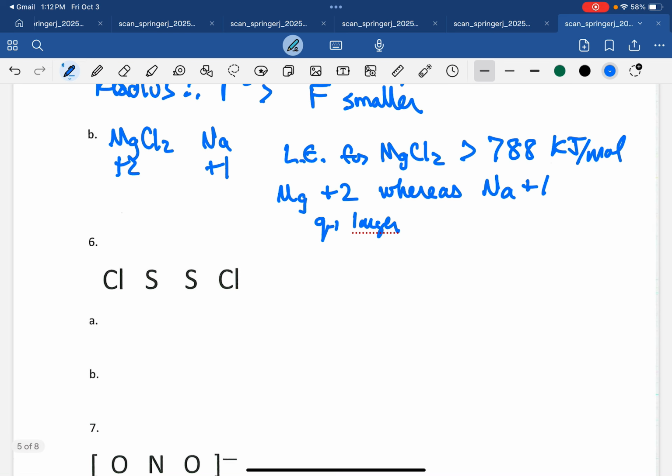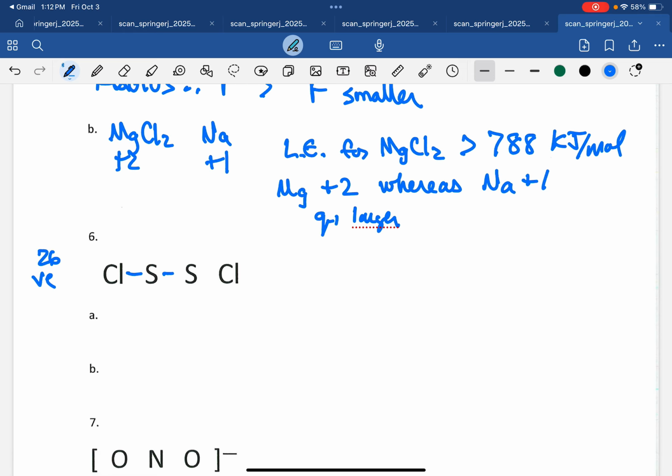Okay, so number 6, they're giving us these atoms in the space below. Complete the Lewis dot diagram for the S2Cl2 molecule by drawing in all the bonding and non-bonding electron pairs. Each sulfur has 6 valence electrons. Each chlorine has 7. So we've got 12 plus 14, for 26 valence electrons.